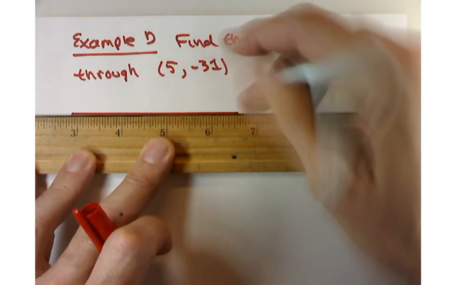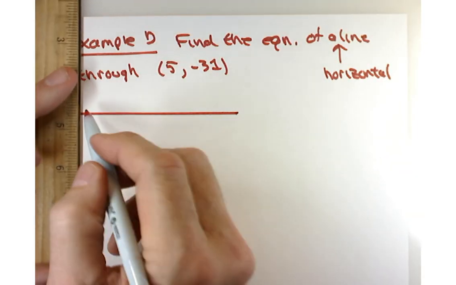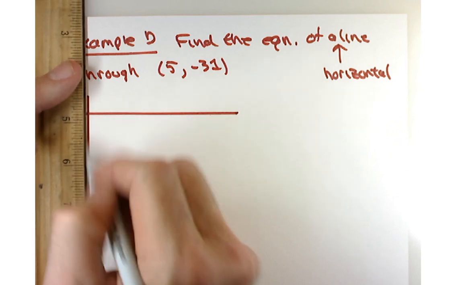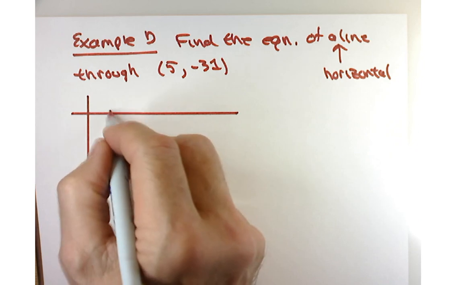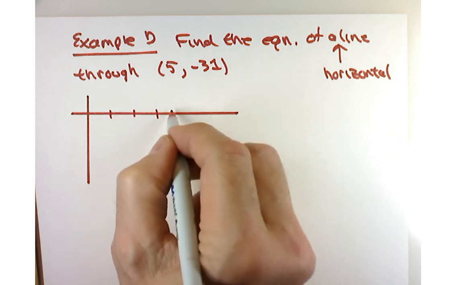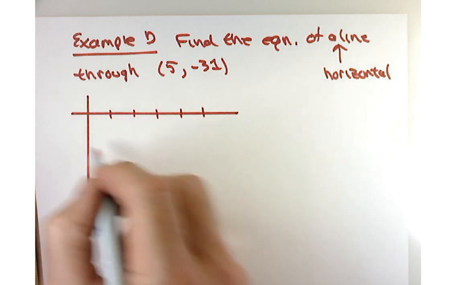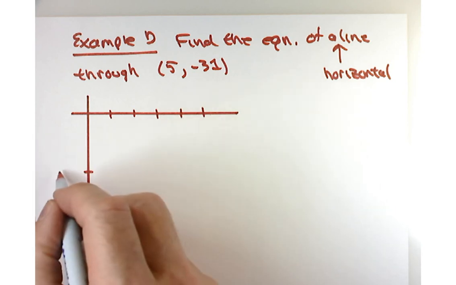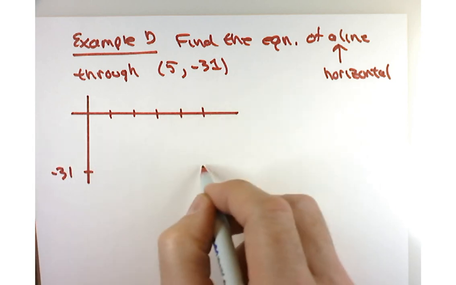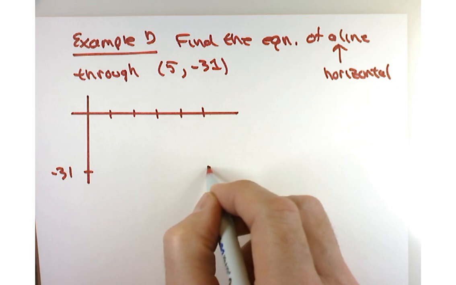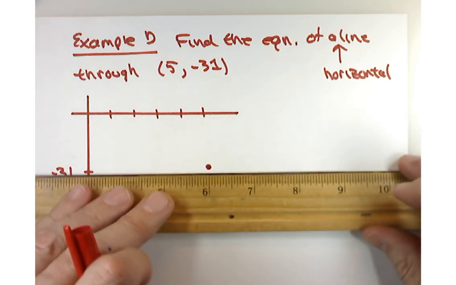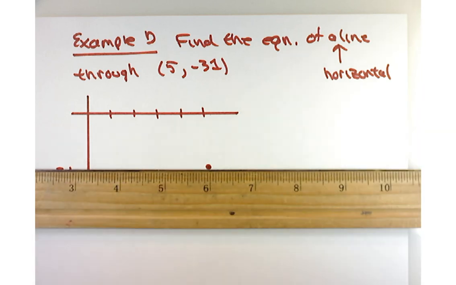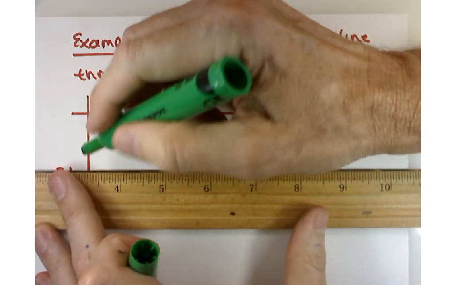Let's see if we can figure out its equation. Or maybe know the equation, that's great. If you do, great. If you don't, we'll figure it out. So right here, I want to find the equation of a horizontal line through that point.